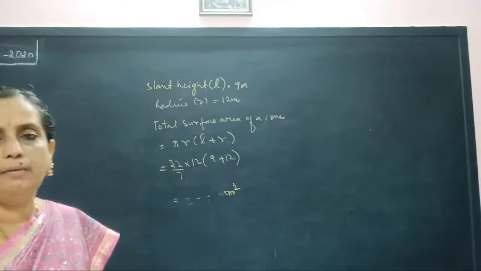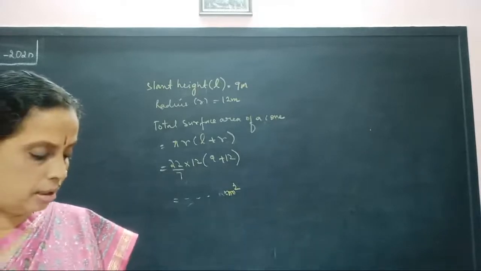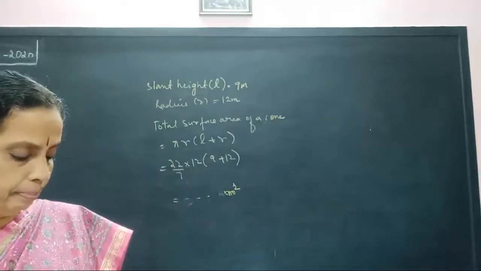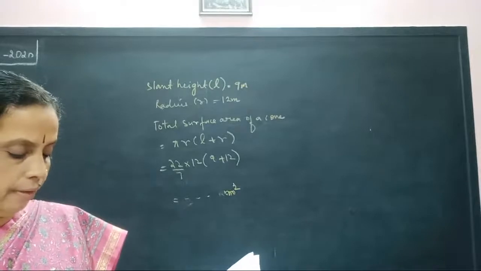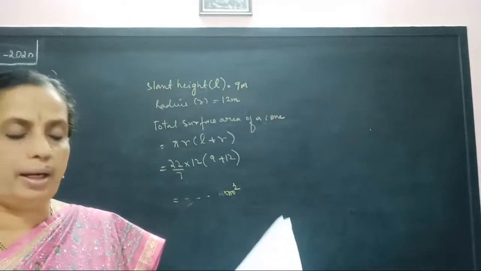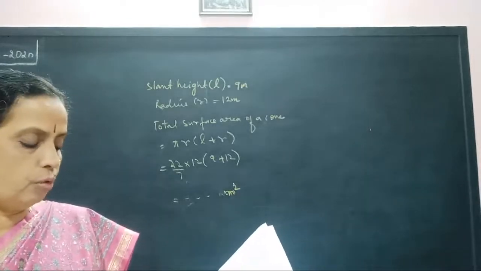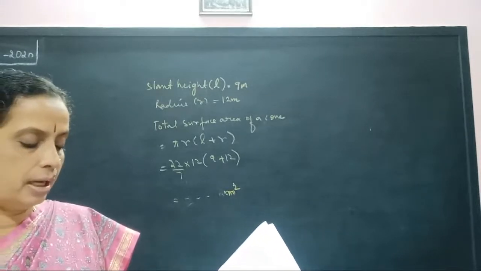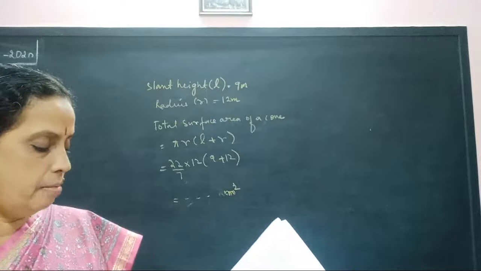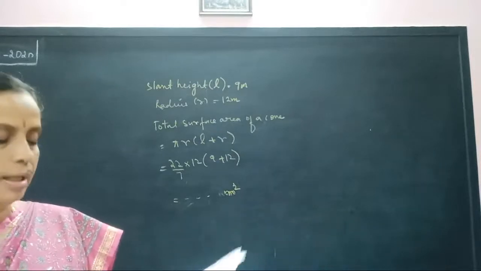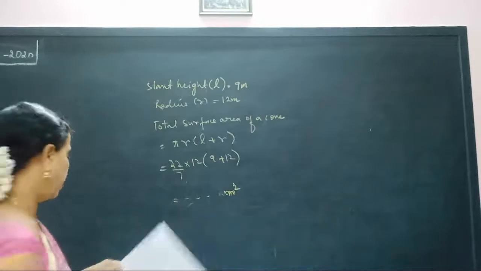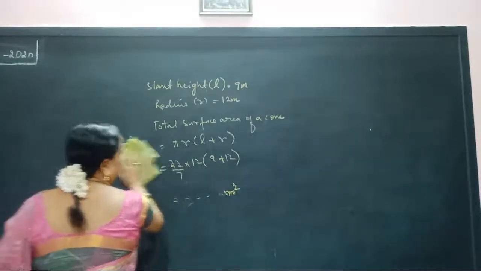Question number 10 we did in yesterday's class. I will move back to question number 9. The curved surface area of a cone, that is pi RL, is 4070 centimeters square and its diameter is 70 centimeter. What is the slant height?